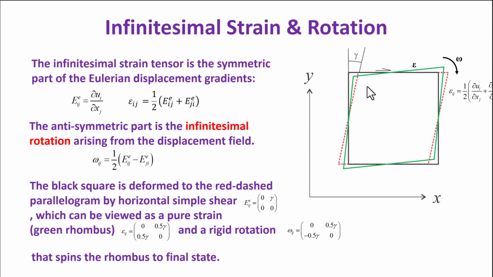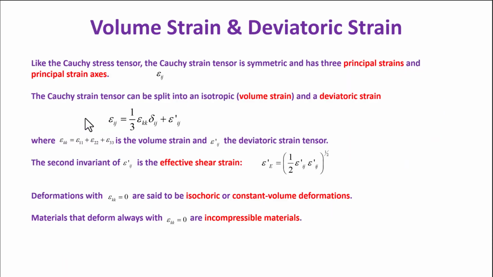So that pure strain deforms the black square into this green rhombus, with a rigid body rotation that is described by omega. That's this. The green rhombus will become coincident with the dashed parallelogram. Therefore, the infinitesimal simple shear deformation can be regarded as a pure strain plus a rigid rotation. That's the physical interpretation of the infinitesimal displacement gradient.